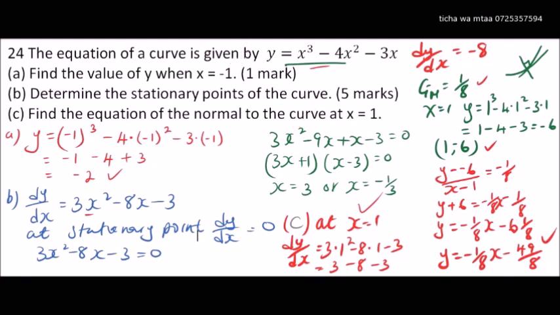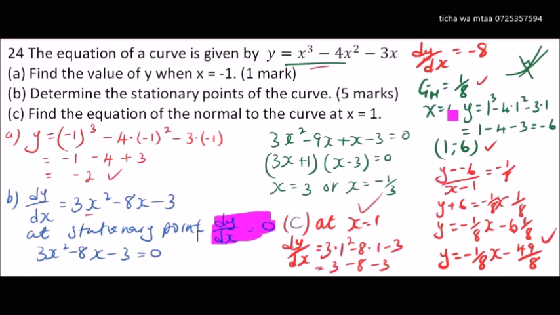So what we need to know here is what you are expected to know. You should know that at the stationary point, the gradient is always equal to 0. dy dx is 0, or the gradient function is 0. That is very important.